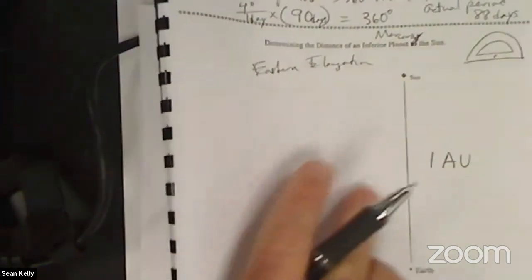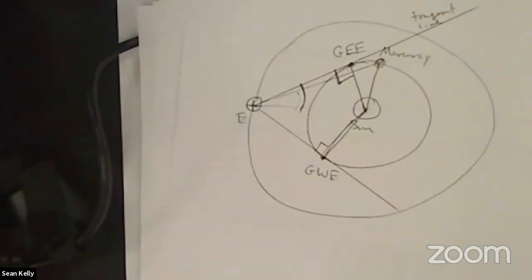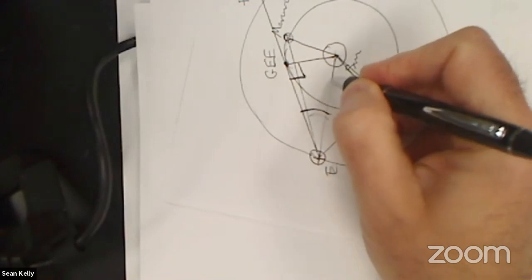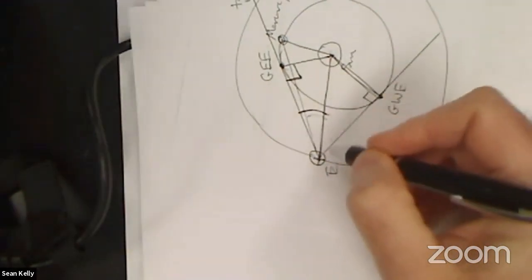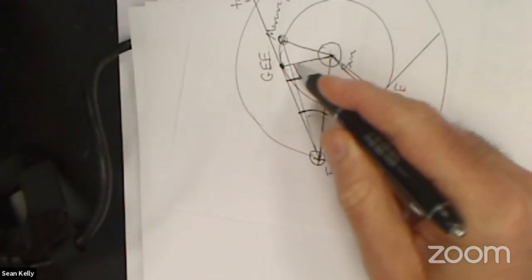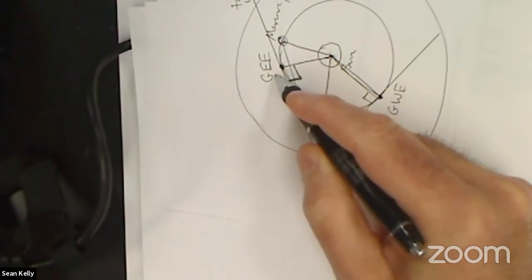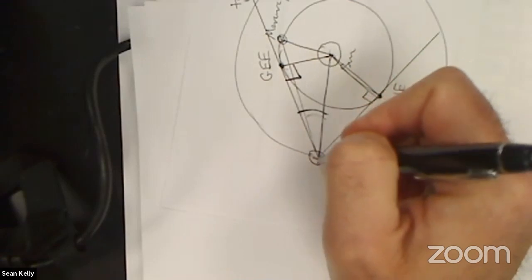All right. Okay, if you guys are ready, I'm going to show you how this works. So we're going to actually look for a very special place, because when Mercury is at the greatest eastern elongation, then Mercury will be here, the sun is here, the earth is here.